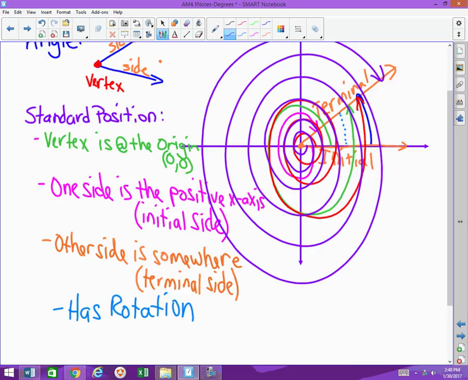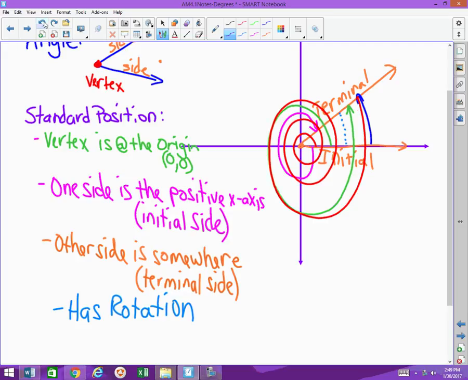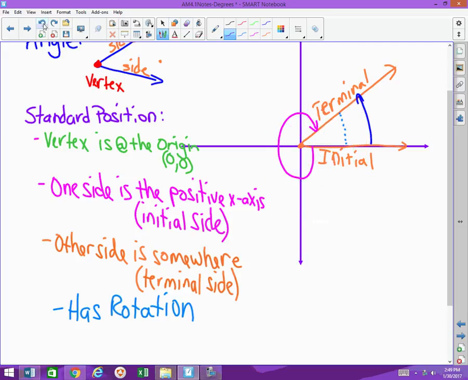Those are all different angles, but with some of the things that we're going to do later on, they kind of have the same properties. So because angles have rotation, we have to know which angle we're dealing with. And for now, I'm just going to leave the first two up there.